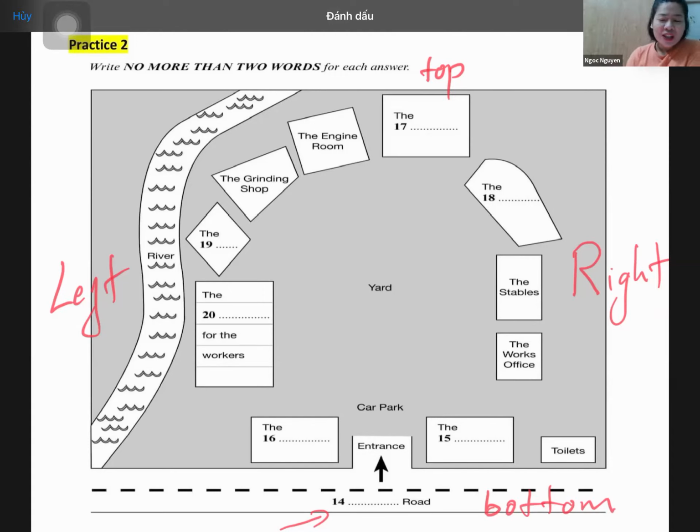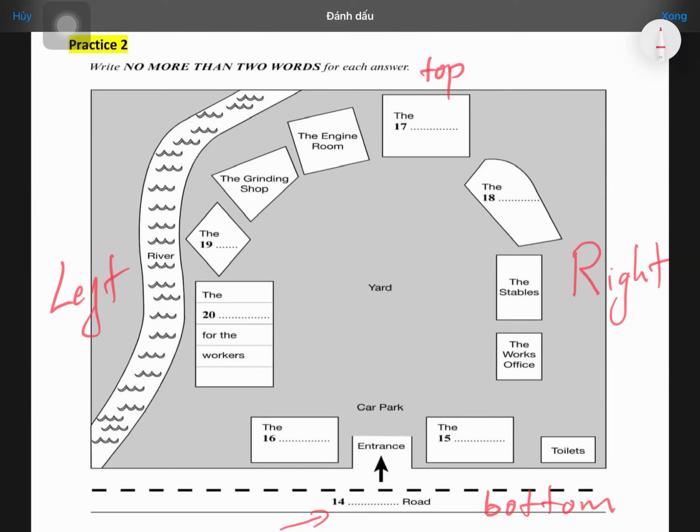So you see that, Chang, did you think hard about the directions, or did you just see the directions and then tell me? It's very hard because I need to think about this place.